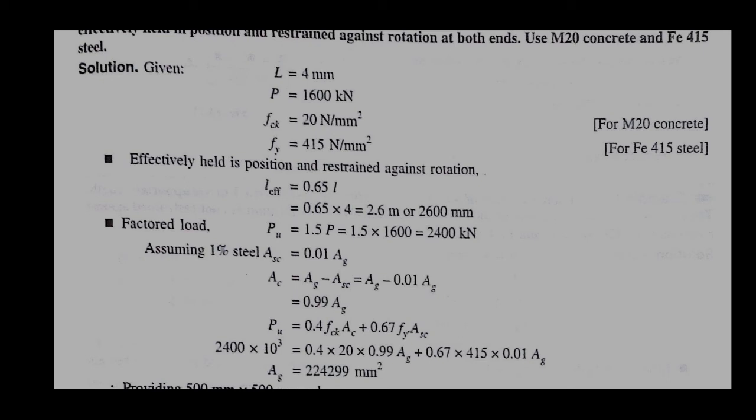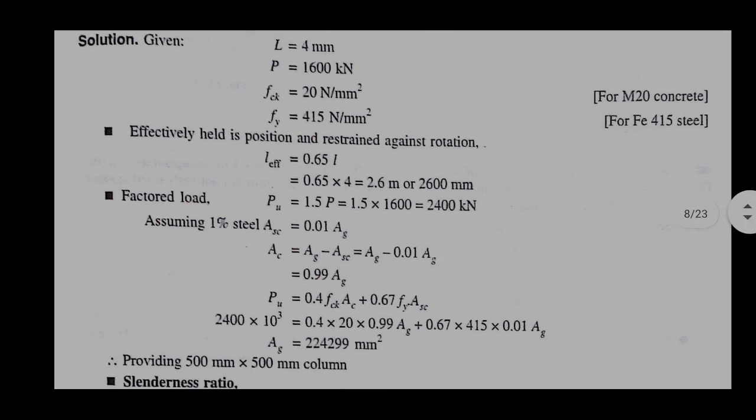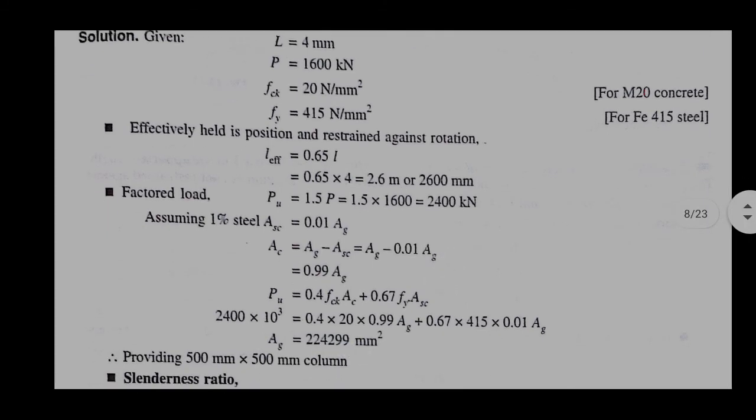So, Ag gross area is equals to this value 224299 mm square. So, we can provide 500 mm by 500 mm column, right. So, we have provided this depending upon the gross area.